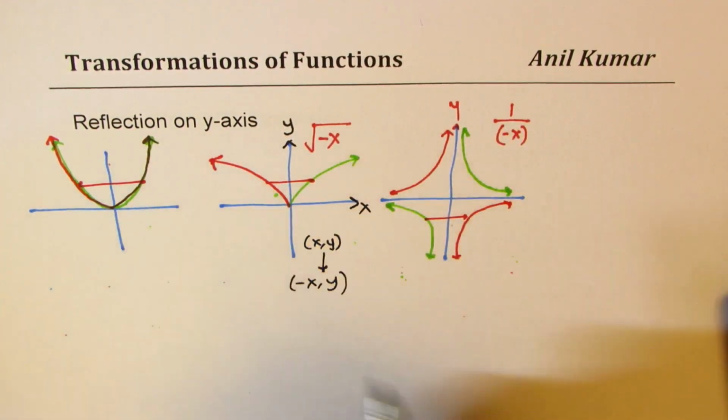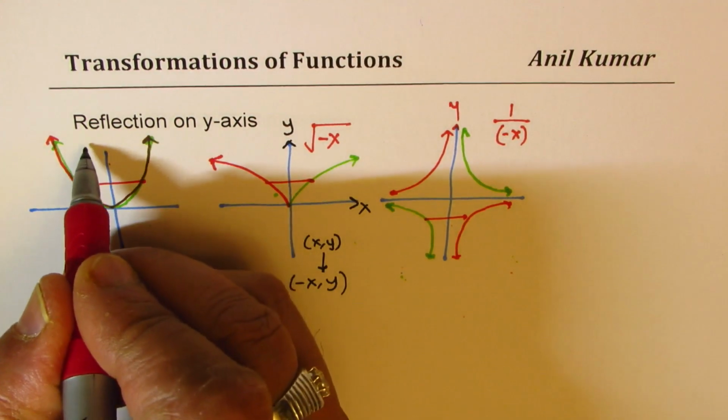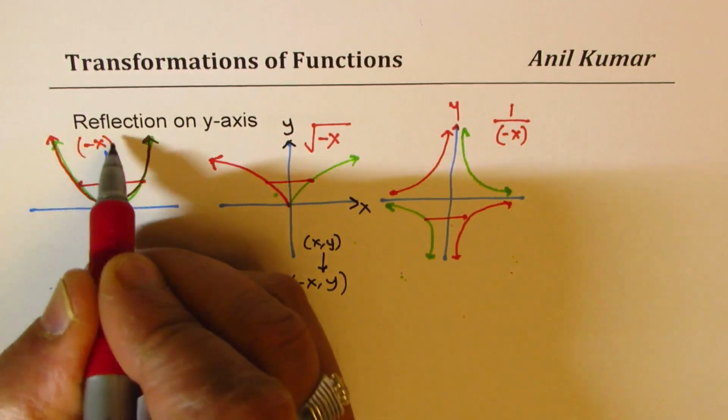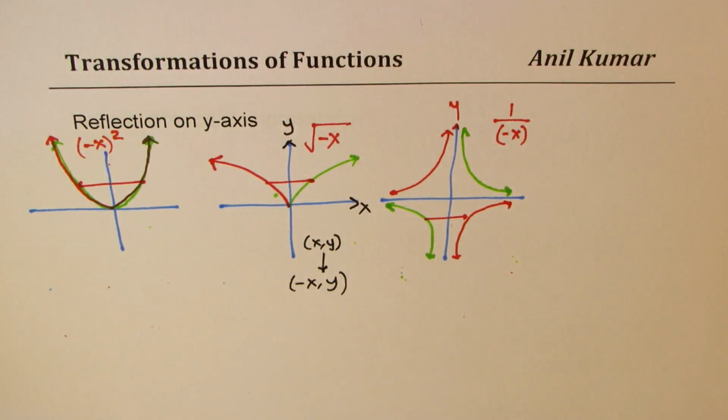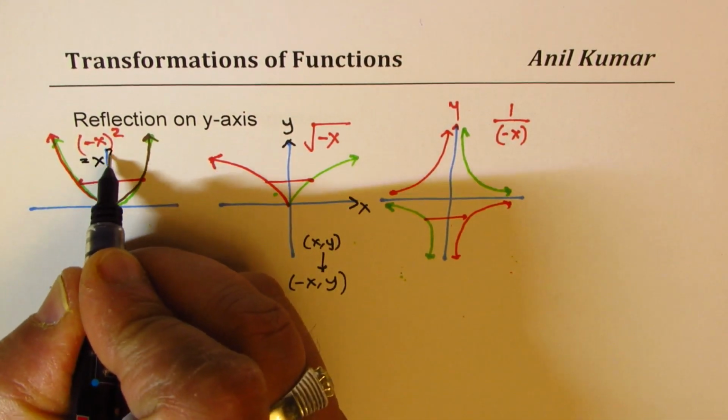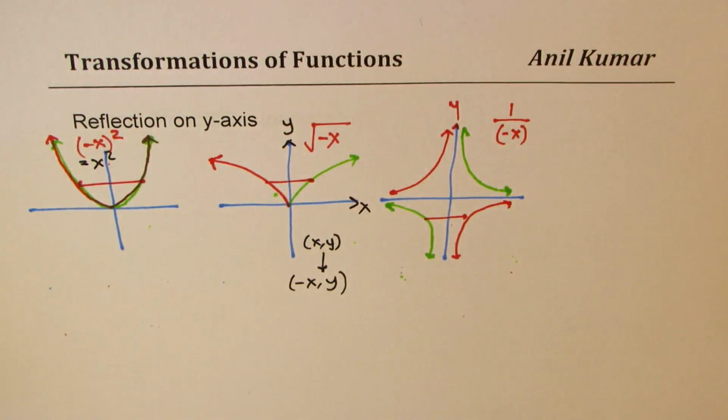So the end result is kind of the same. Well, that is expected, since what we are doing is minus x whole square, which you know technically is equal to x square. So both the graphs match. You get an idea, right?